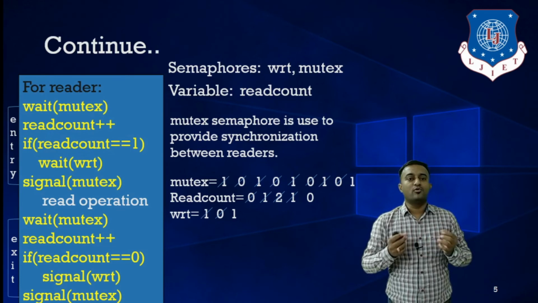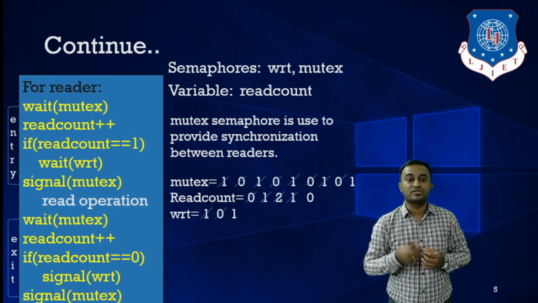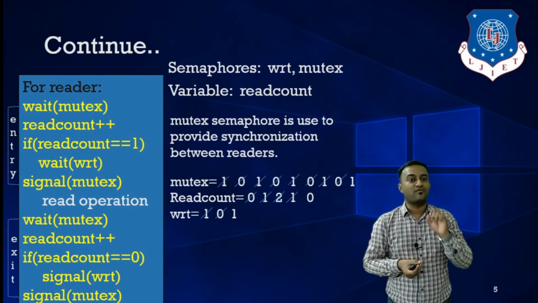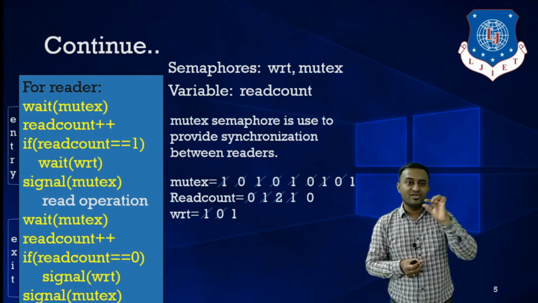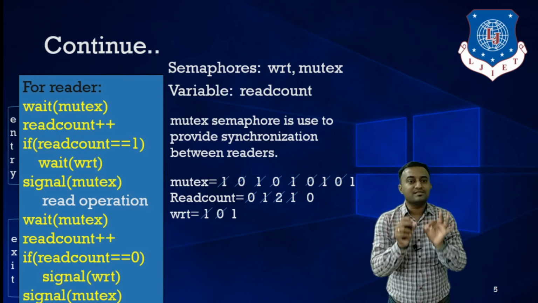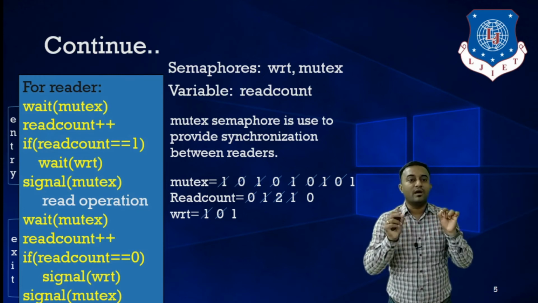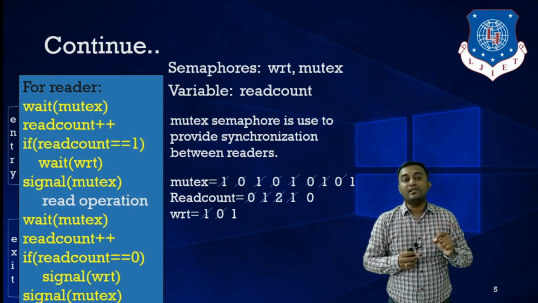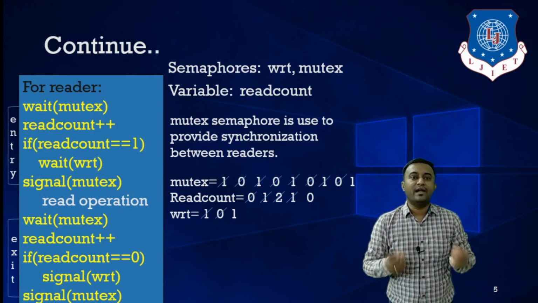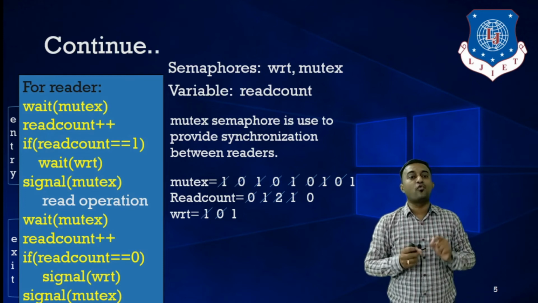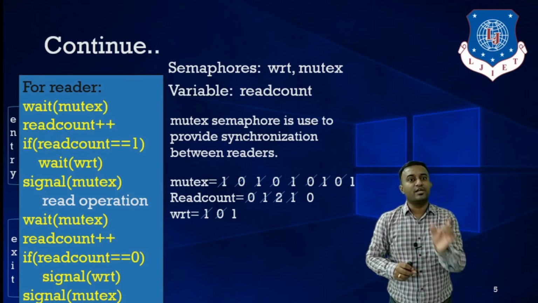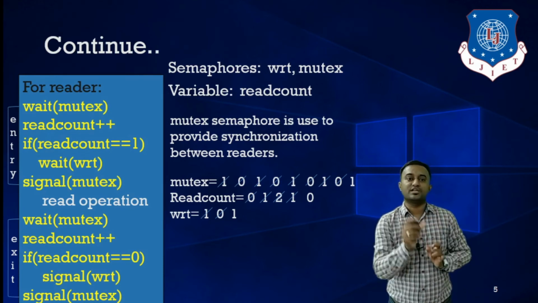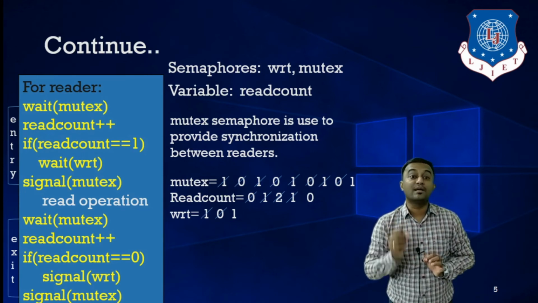So what is the value of WRT? The initial value of WRT is 1, so the wait operation can be performed. Why are we using this statement? Once a reader has entered into a critical section, no other writer can enter. To ensure this, we need to execute the statement wait of WRT.